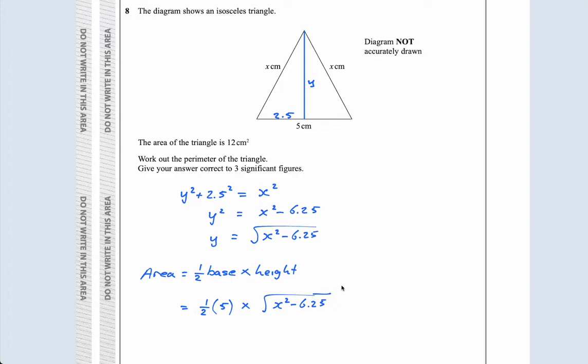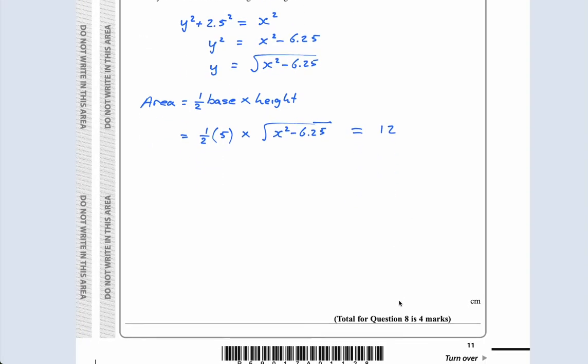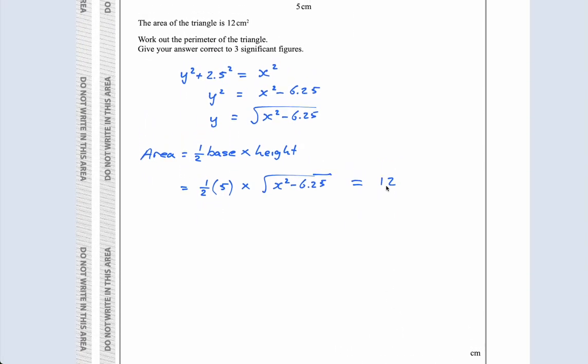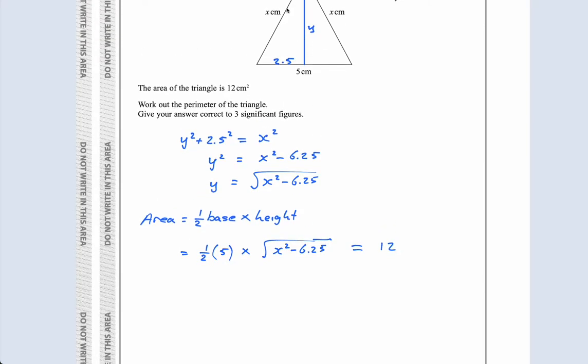Now it says the area is equal to 12, so I'm going to say this equals 12, and then I'm going to find x. This is a slightly tricky question. So I'm going to find x and then just add x plus 5 to give me the perimeter.